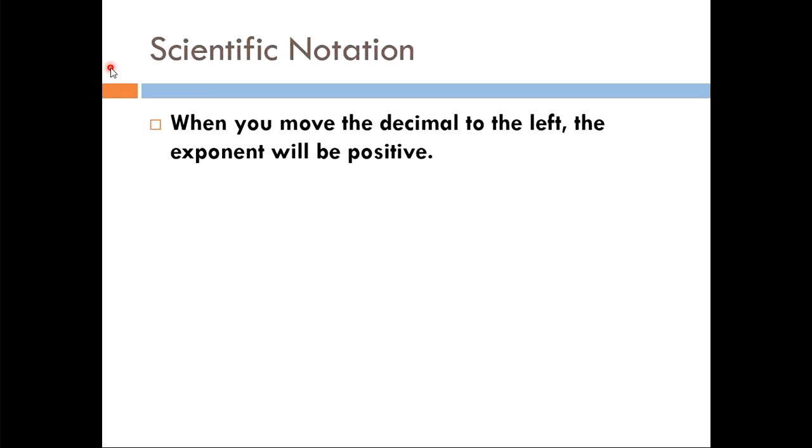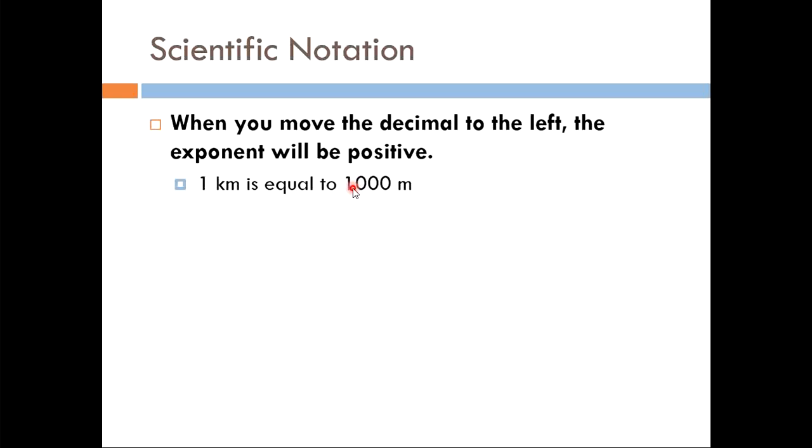So for example, let's say that I want to change this number, 1,000 meters, to represent a smaller number. So I'm going to convert it to scientific notation. So if there's no decimal here, you pretend that there's a decimal out here, and you're going to move it over until you have one number to the left of the decimal.